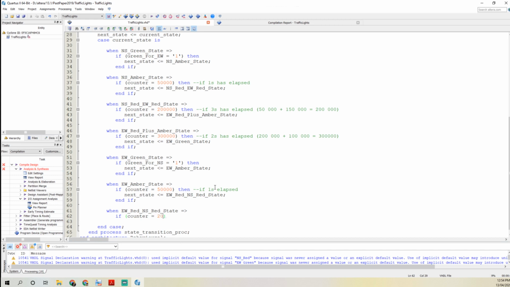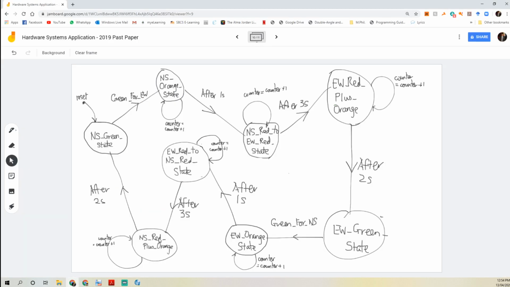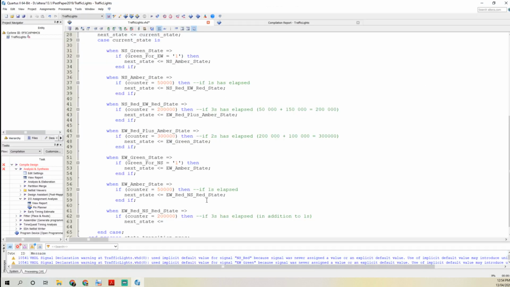So if my counter is equal to 200,000, then if 3 seconds has elapsed in addition to 1 second, then my next state is going to be equal to my north-south red plus orange.